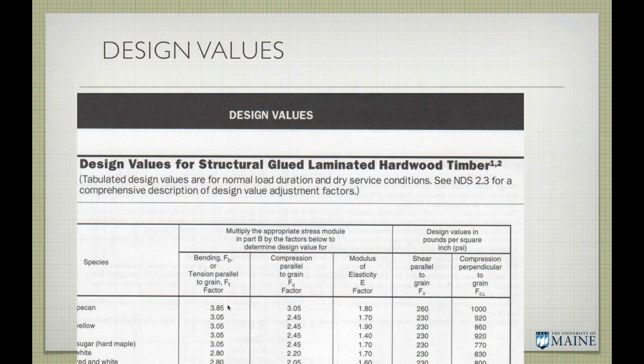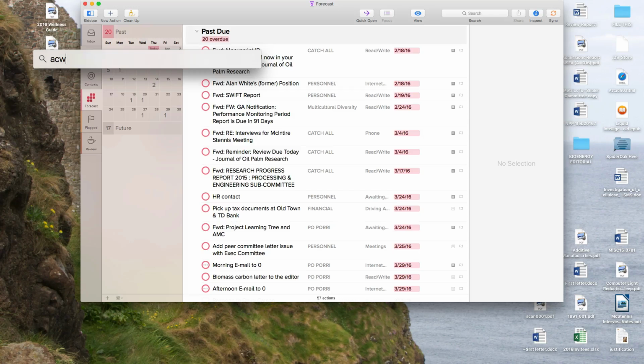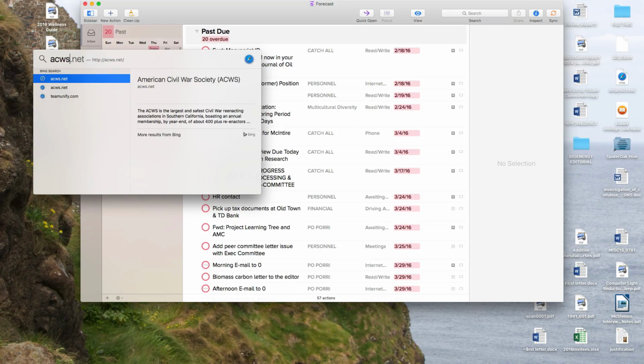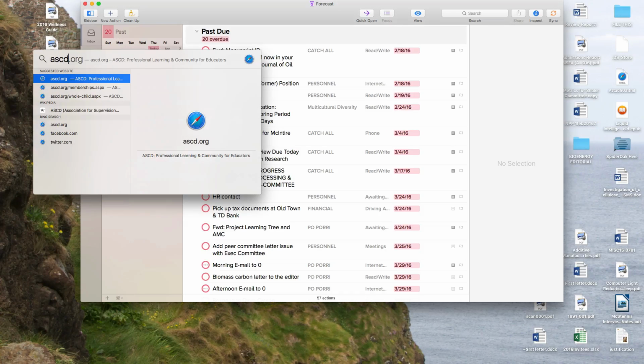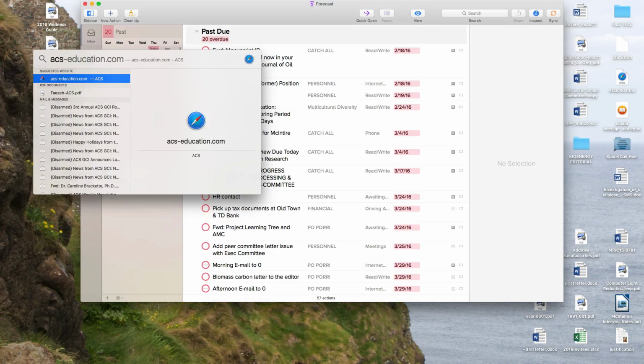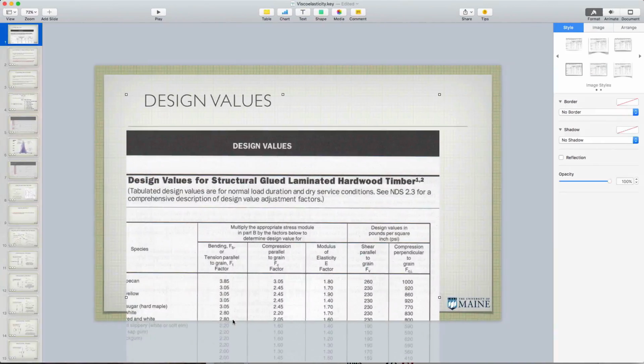Actually, this probably isn't the best source because these aren't the actual design values. I wonder if I can. Trying to find it real quick, but I didn't.